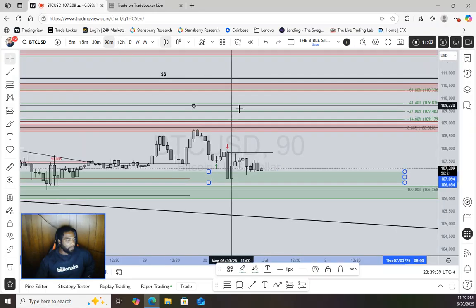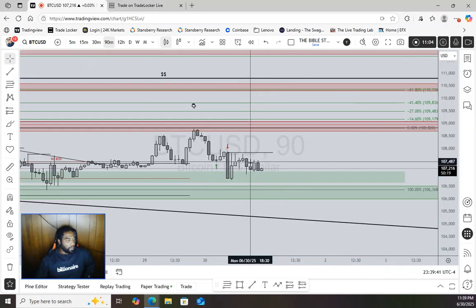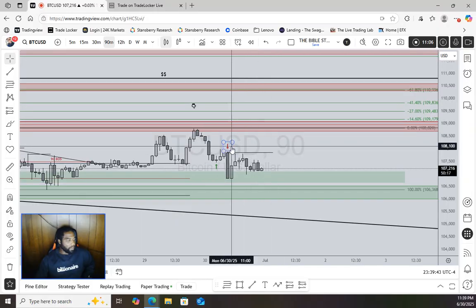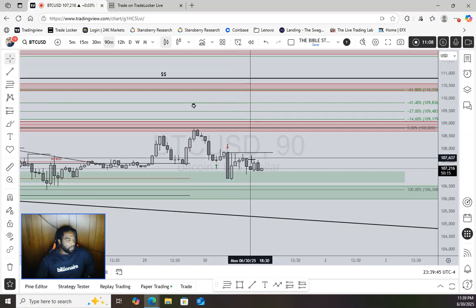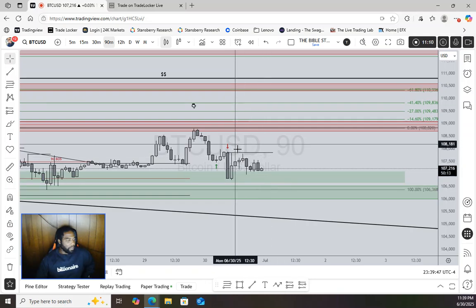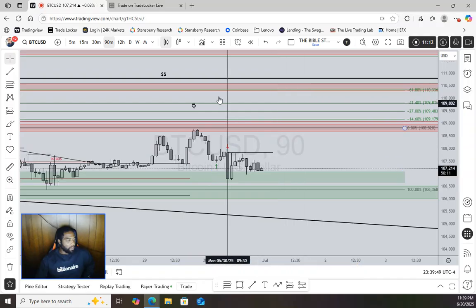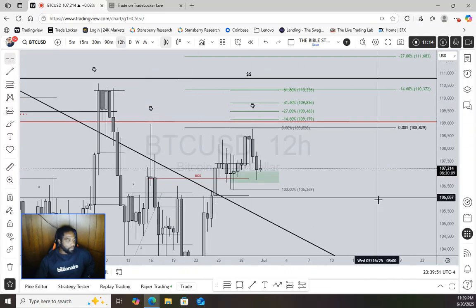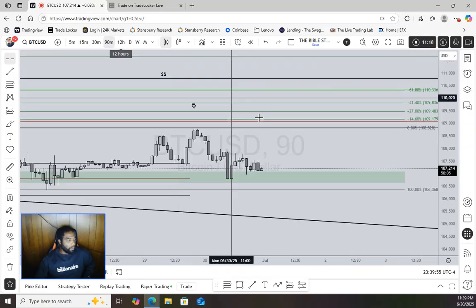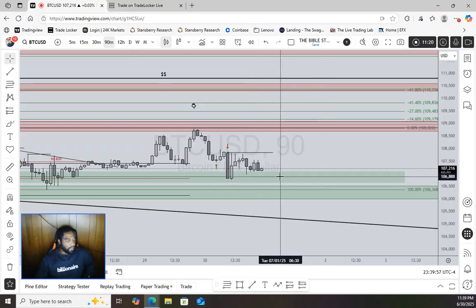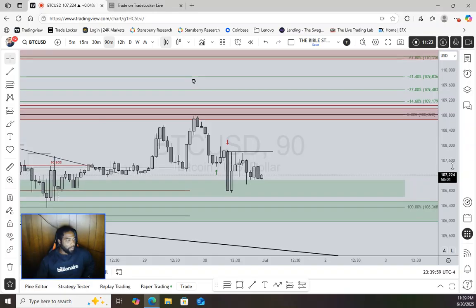You know what I mean? So we understand price is encountering this internal retracement, and we are at this 12-hour snipe zone. So we just want to read what price is doing at these levels to determine what price is going to do. You know what I mean?